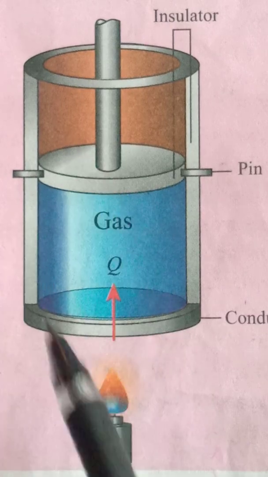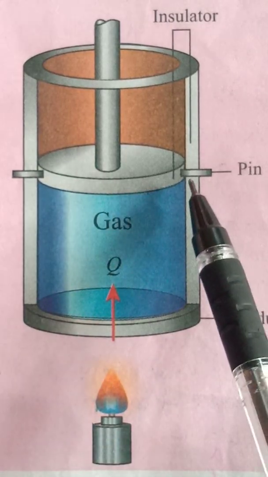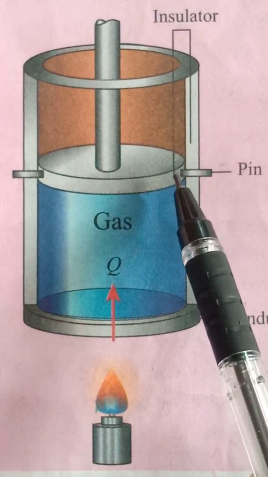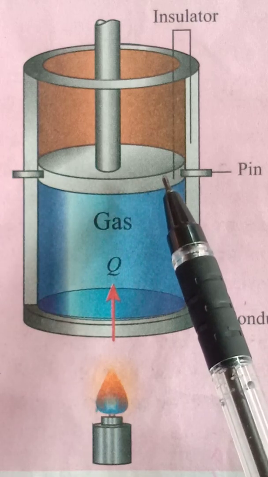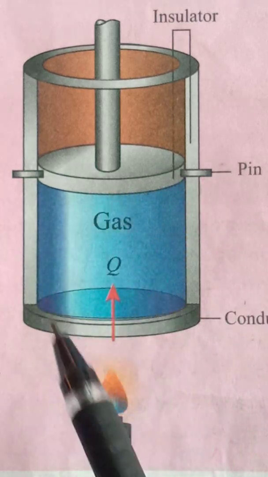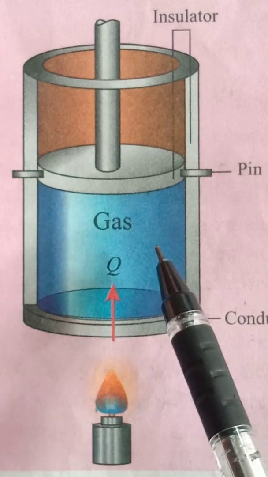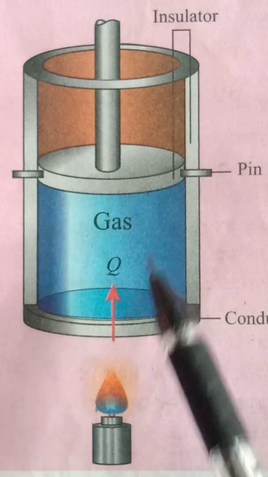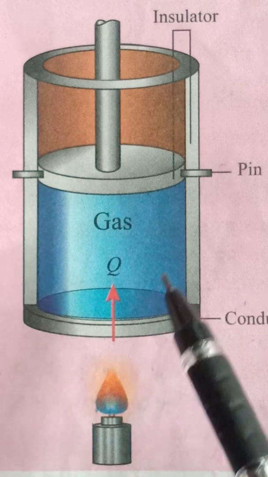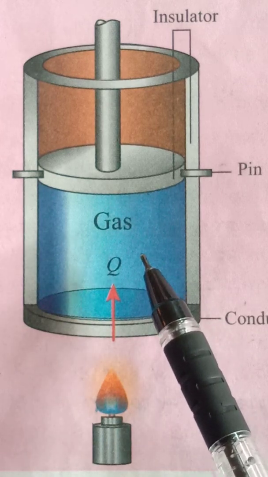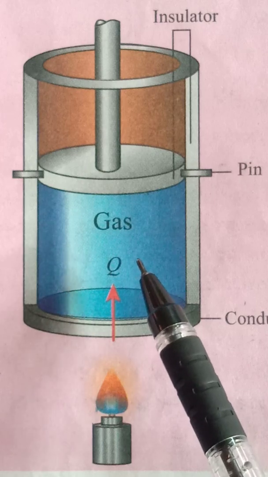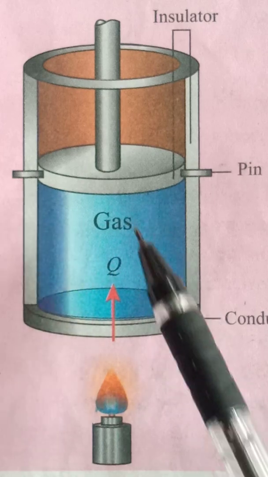In case of constant volume, see, this is a cylinder. The piston is pinned with the cylinder, so it's not movable. Okay, so the volume is fixed here. So at a constant volume of gas, if heat is given, what will happen? Its pressure is increased. So here you have to find out the specific heat capacity of the gas at a constant volume.